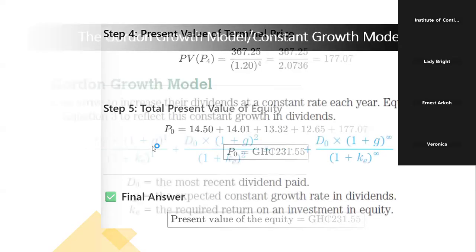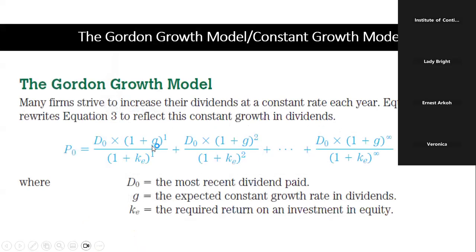So we are moving to Gordon's growth model. We understand that dividends will grow at a point. We don't expect that dividends will be stagnant, or dividends will continue to remain at zero. There must be growth, and to cater for that, constant growth.